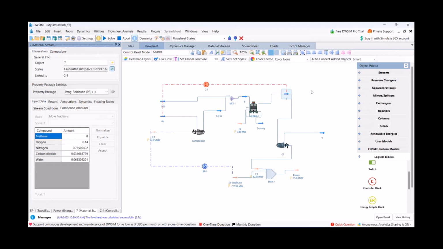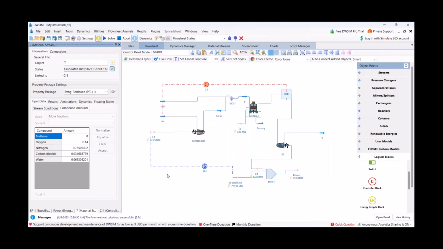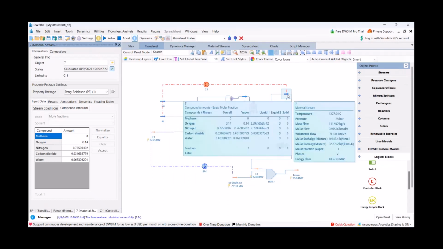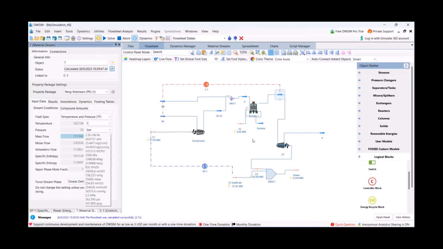Yes, it is solved now. For example, now you can see its excess oxygen is 14% as we mentioned in the controller block, and air was 80 kilogram per second, but now it is 109 kilogram per second. And temperature was 1400, but now it is 1200.